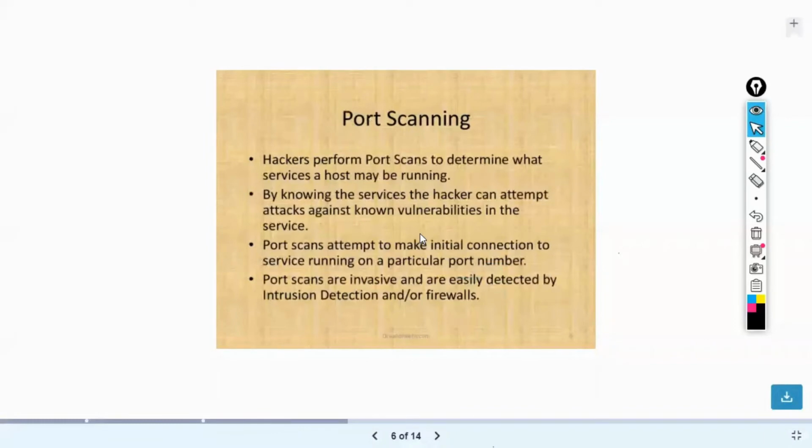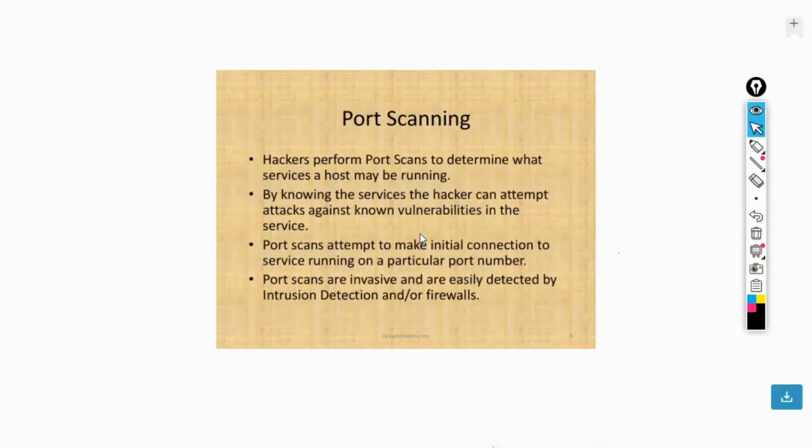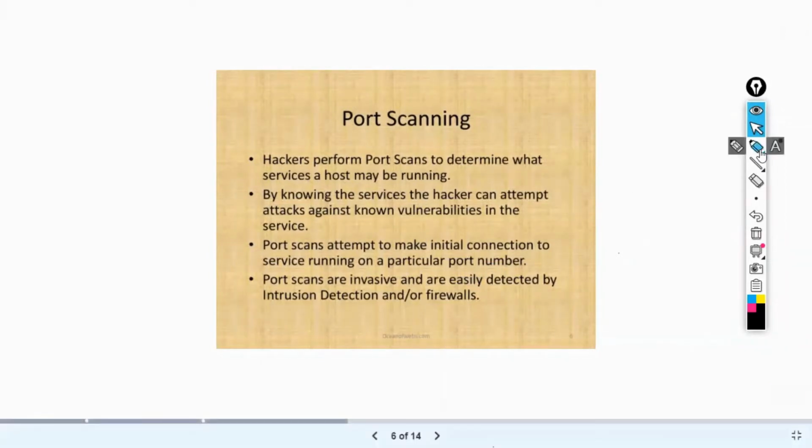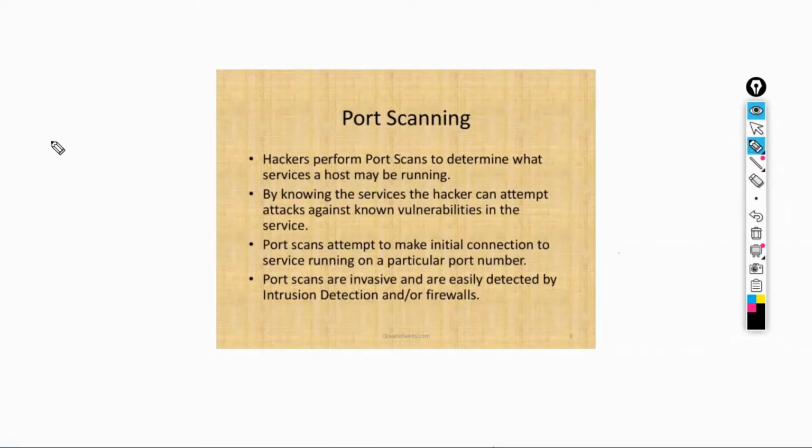Next is port scanning. In port scanning, hackers determine what services a host may be running. Let us say we have one client system and one server. Normally in a TCP connection, we first establish a connection via a three-way handshake.